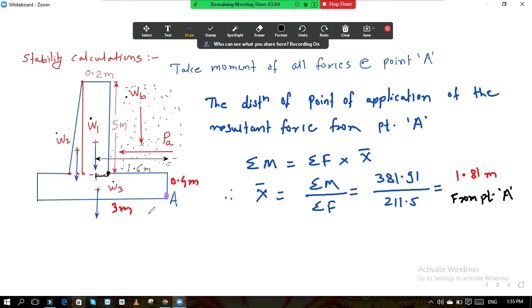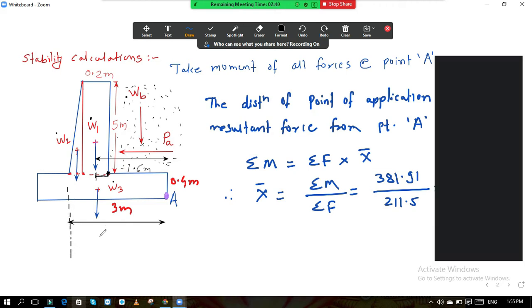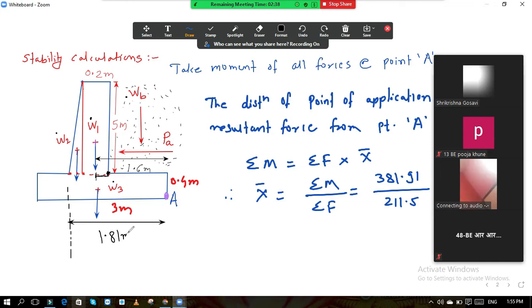It is at a distance of 1.81 meter. So somewhere here is the resultant of loading. It is at a distance of 1.81 meter.